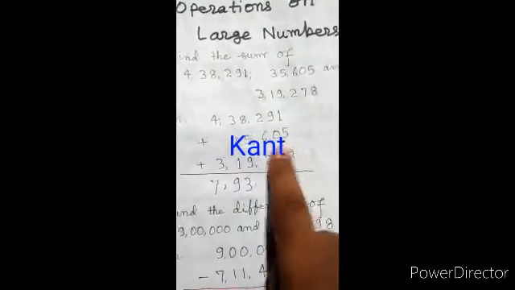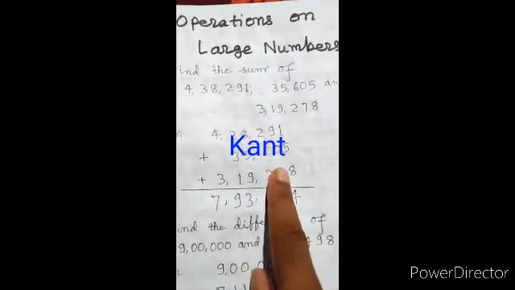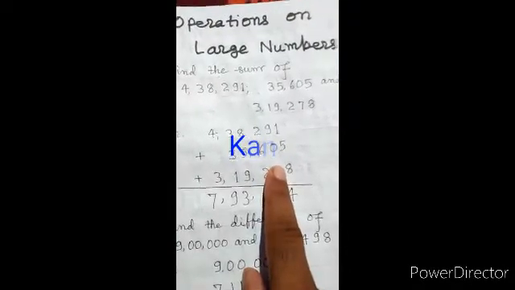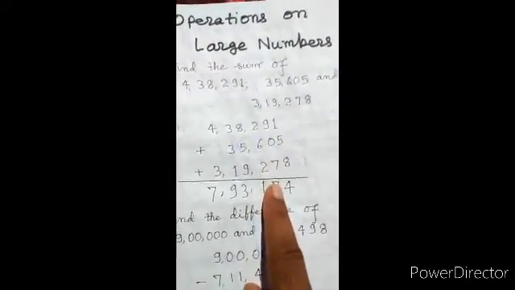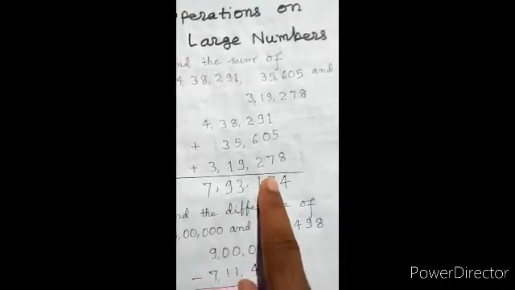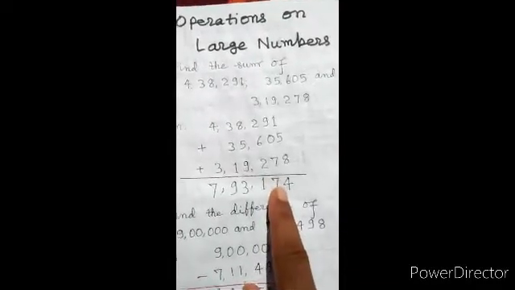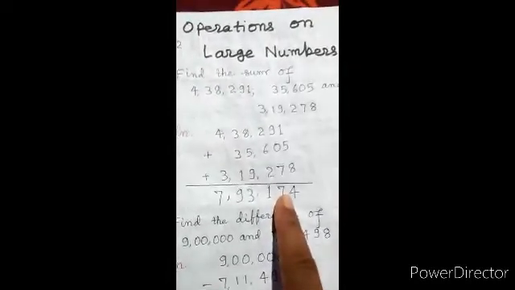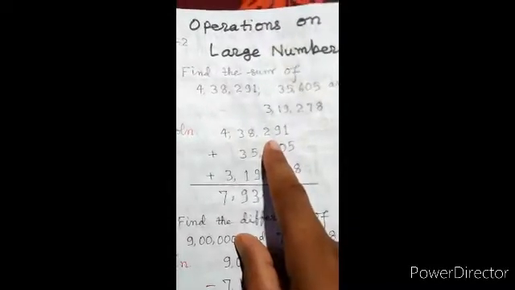1 plus 5, that is 6, plus 8, that is 14. In 14, 4 stands at the 1's place and 1 at the 10's place. So 4 will be written here at the 1's place and 1 will be carried to the left.